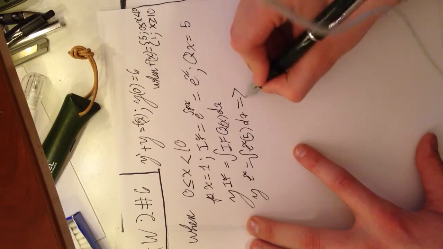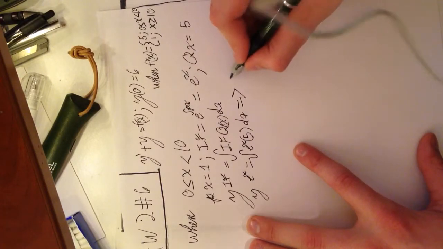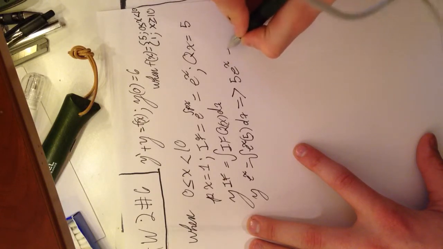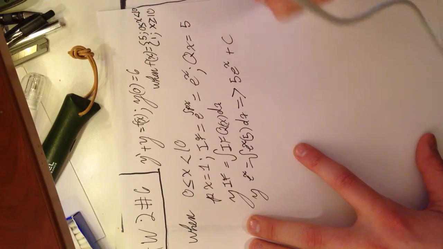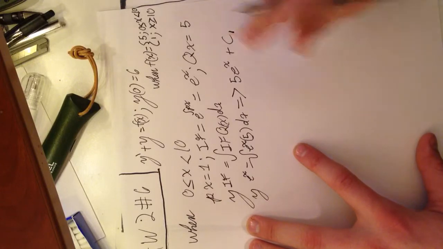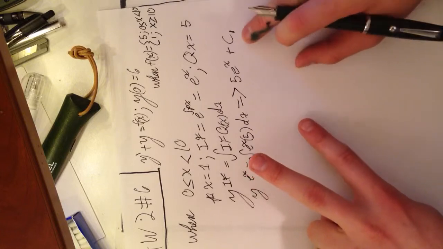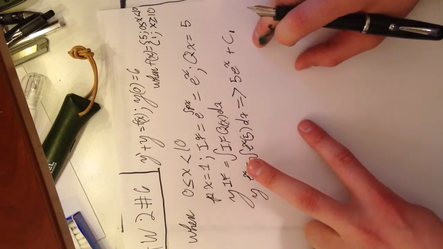Solving the integral gives us 5 e to the x plus c. We're going to label that c1 because we have to do 2 steps, so there's going to be a second constant that we need.